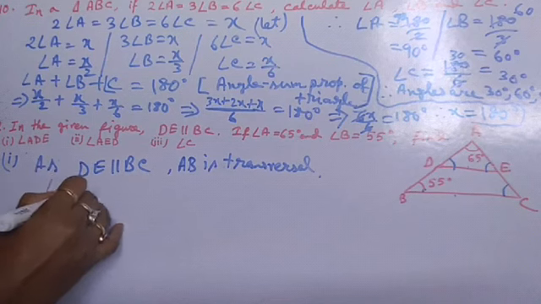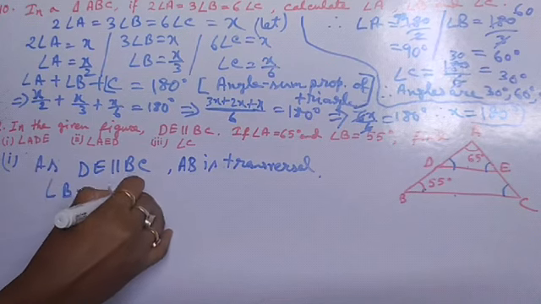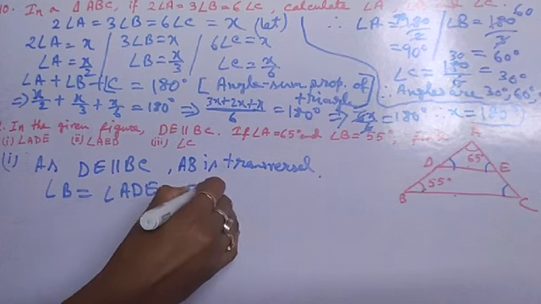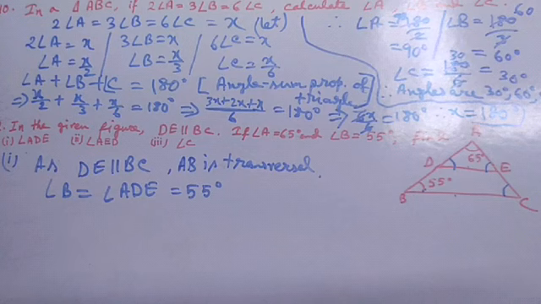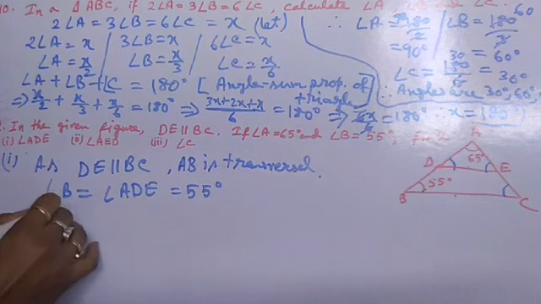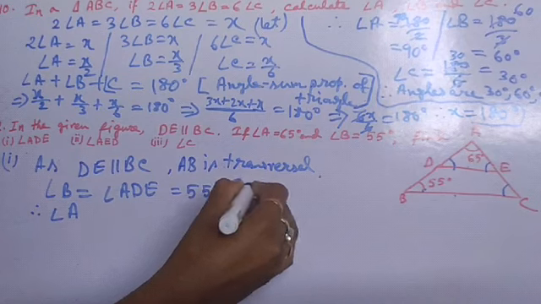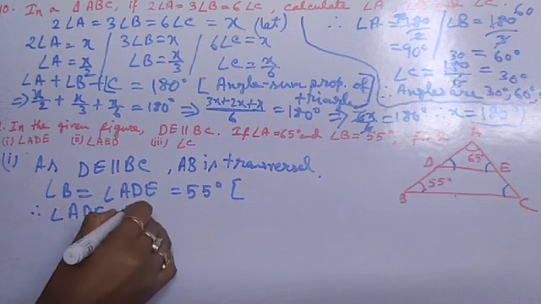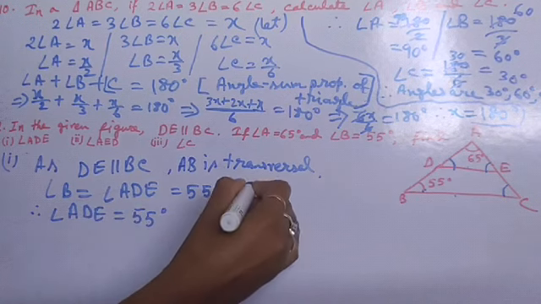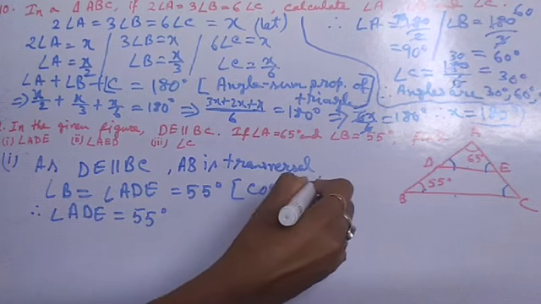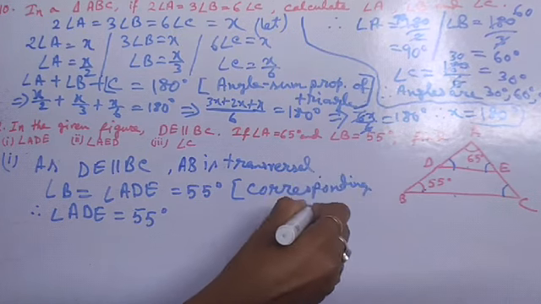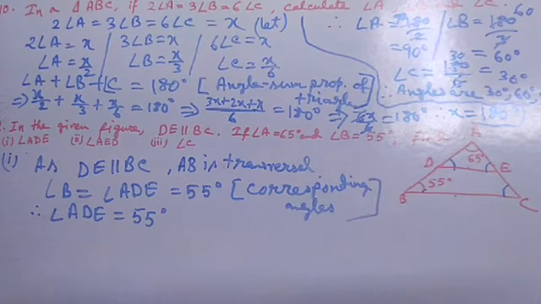So angle B equal to angle ADE equal to 55 degree. Therefore angle ADE equal to 55 degree, because they are corresponding angles. Okay, now number 2.